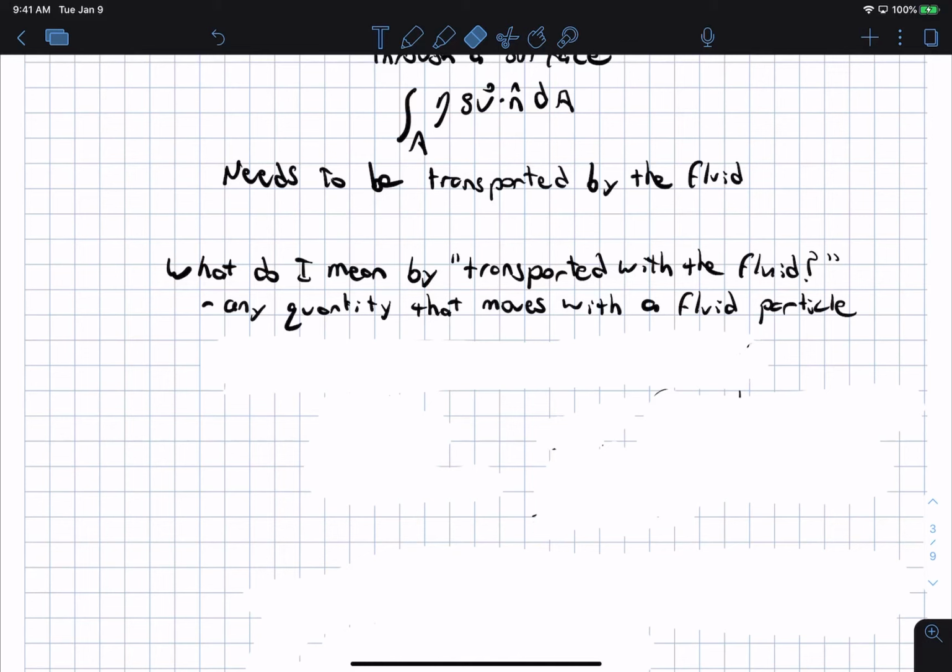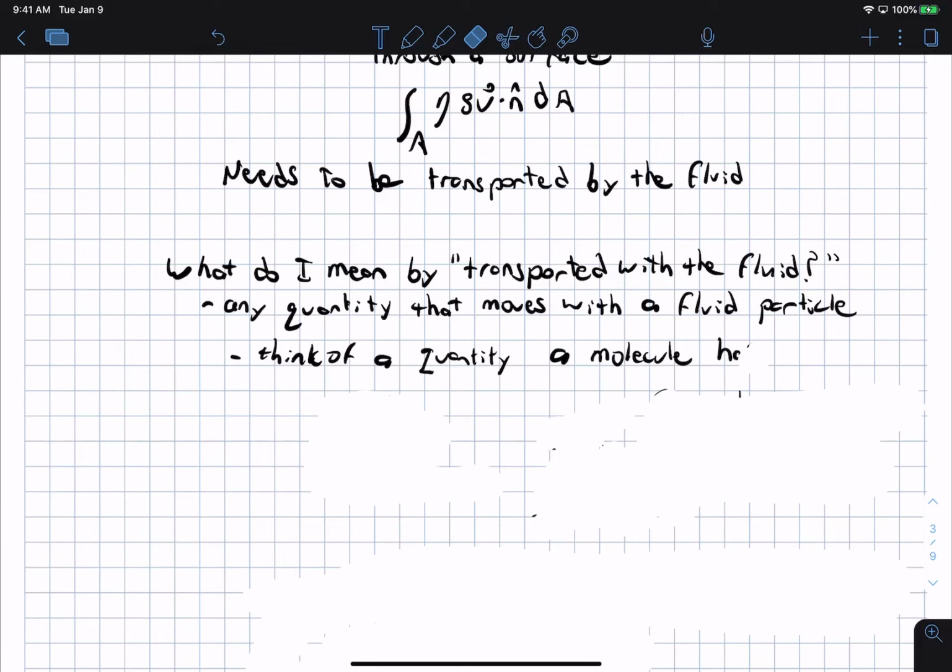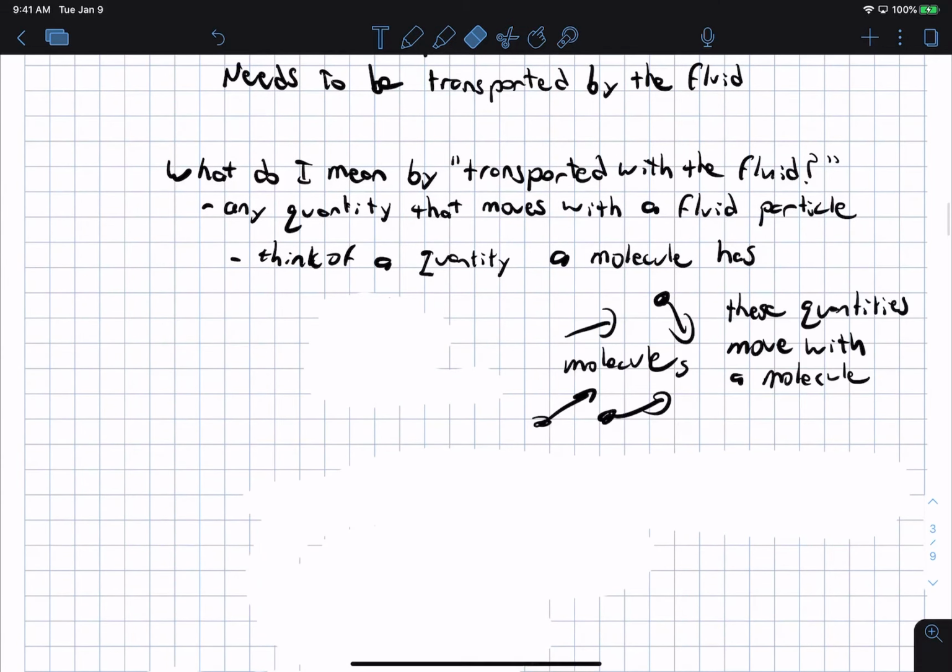Okay, so think of a molecule. Here I have a bunch of little molecules, and they're flying through space.